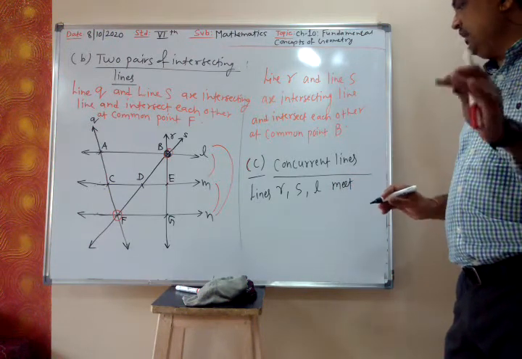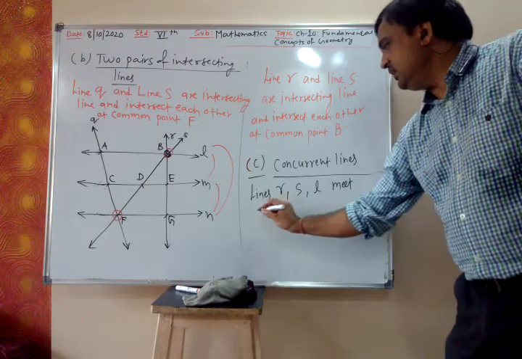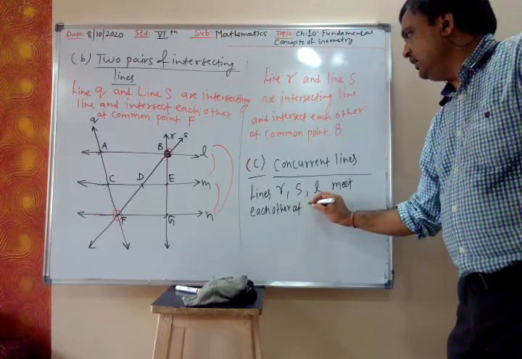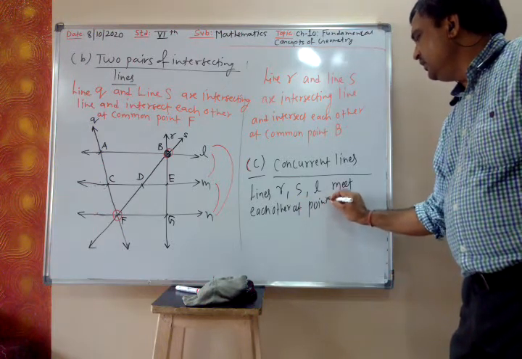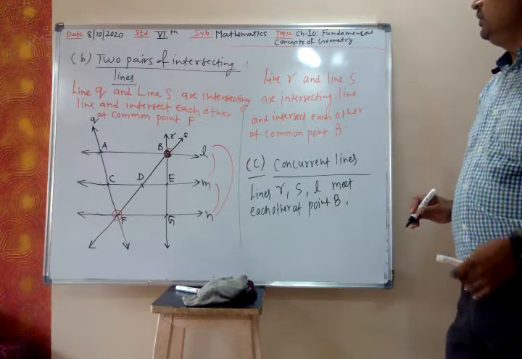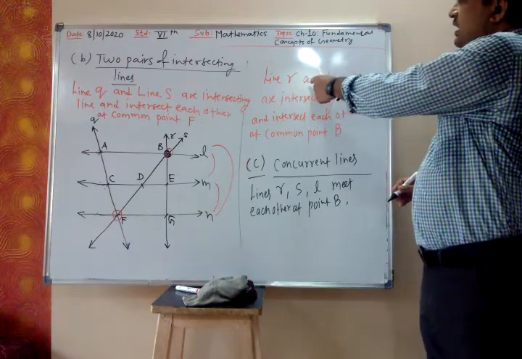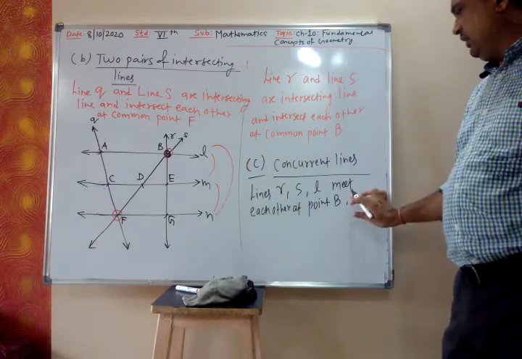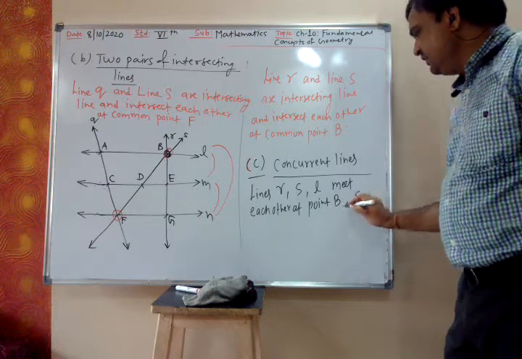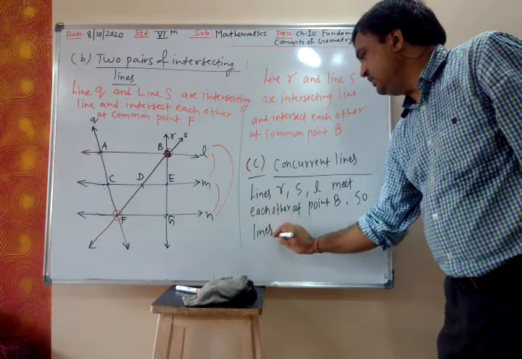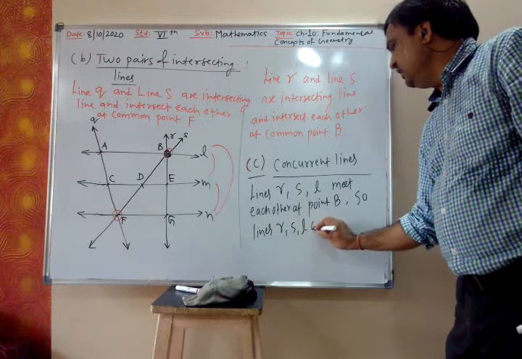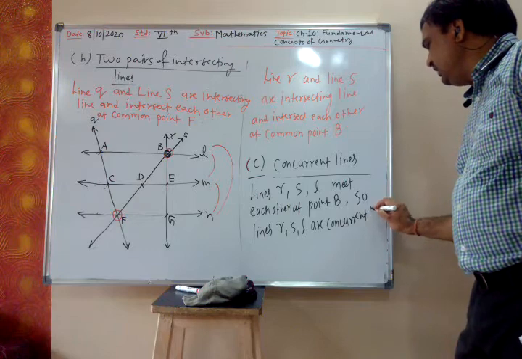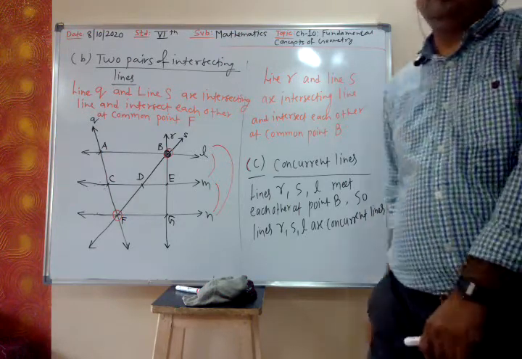Lines R, S, L meet each other at point B. So lines R, S, L are concurrent lines, right?